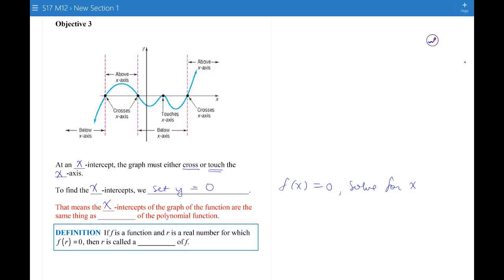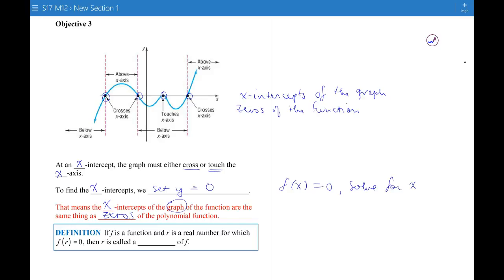So that means the x-intercepts of the graph of the function are the same thing as the zeros of the polynomial function. So these dots can be called x-intercepts of the graph, but they're also the zeros of the function. So those words really are interchangeable as far as their meaning, but they're used in different contexts. Zeros of a function and x-intercepts of a graph.